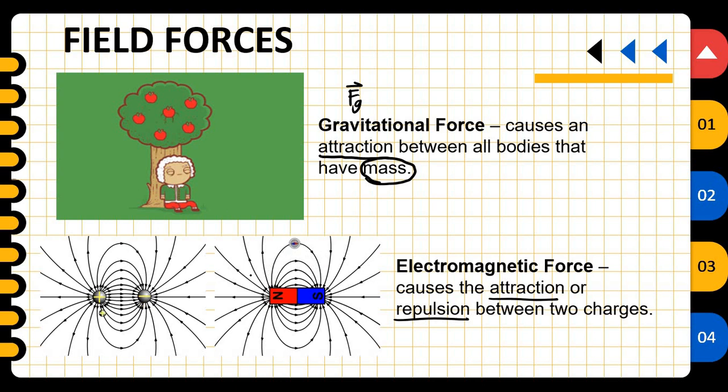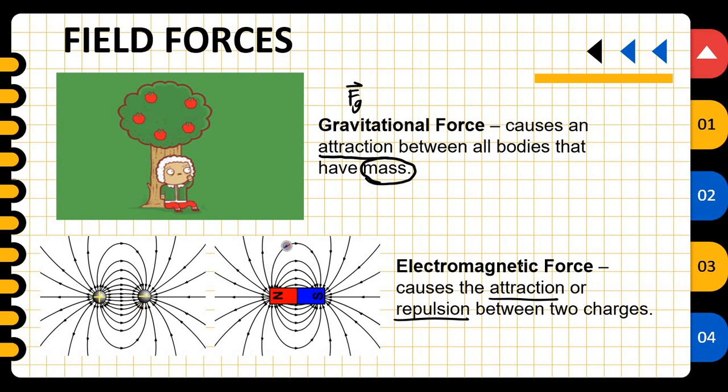Because as you may see in these diagrams or simulations, both physical quantities exhibit the same or almost the same characteristics. That's why you can summarize them into one major idea in physics, and that's electromagnetism.